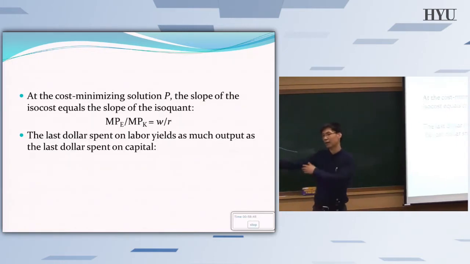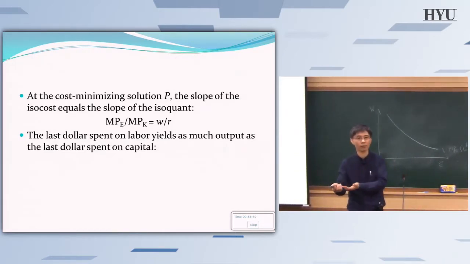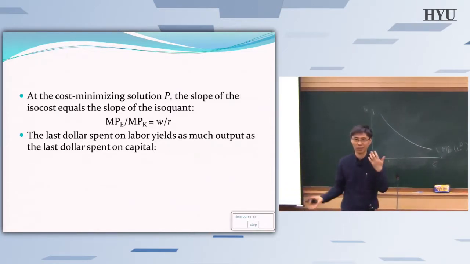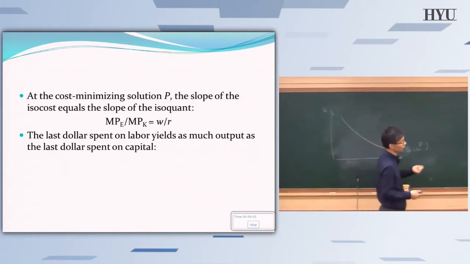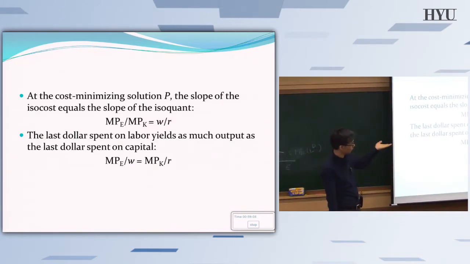If capital gives you more output for the same last dollar, you should increase capital input. So you are not doing optimally. At the optimum, they should be the same. So MPL over MPK must equal W over R. That is, MPL over W equals MPK over R. It's the same thing.